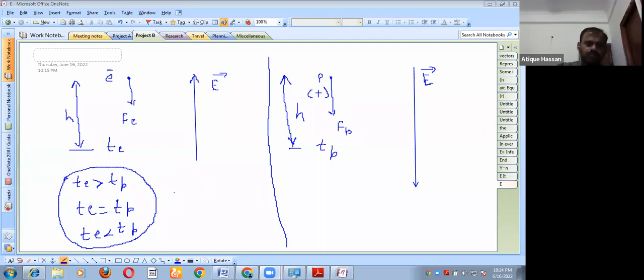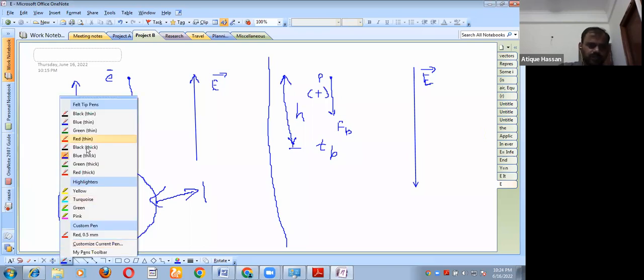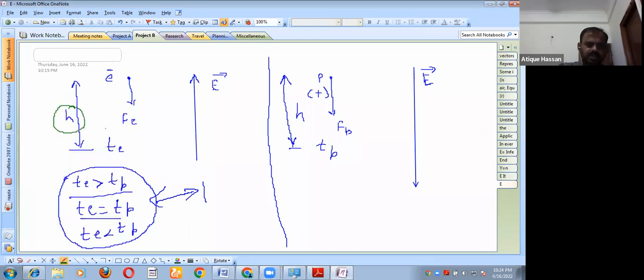Here you can see what you have been asked. We have been asked about time, right? The relation between time. And in the question, you are given distance, correct? You also have force. Force means acceleration; if there is a force, there must be acceleration.